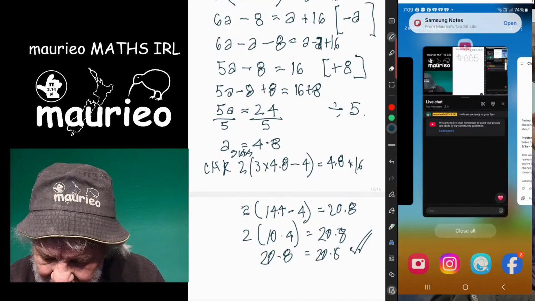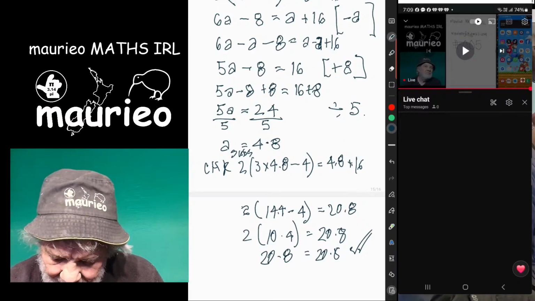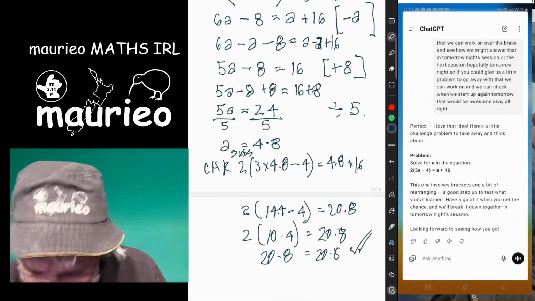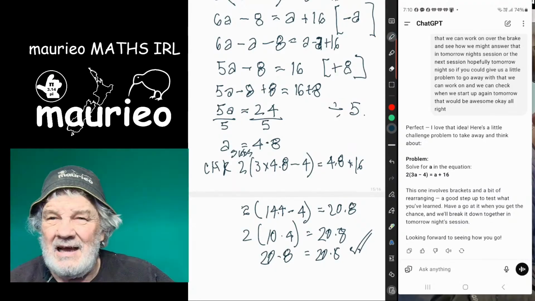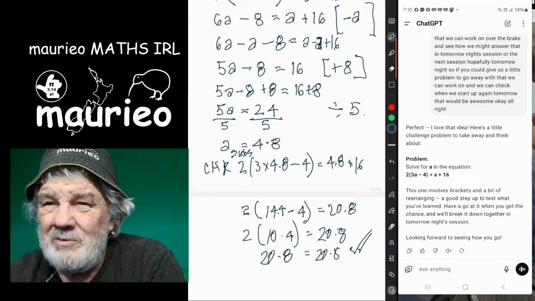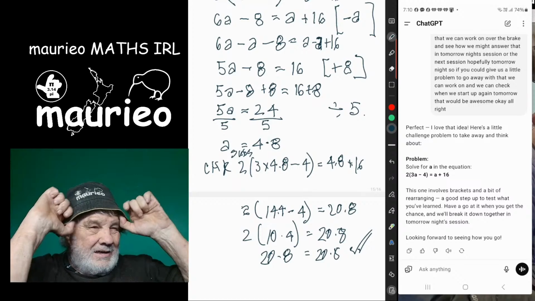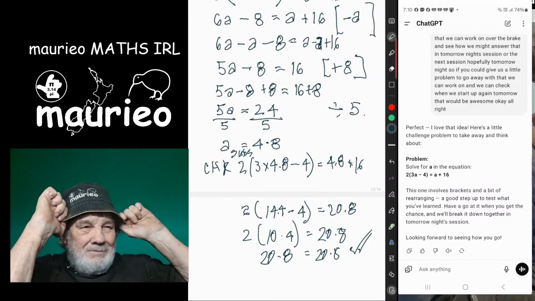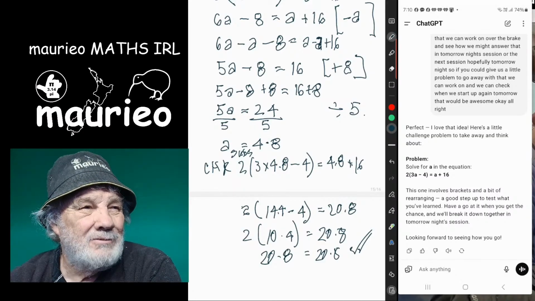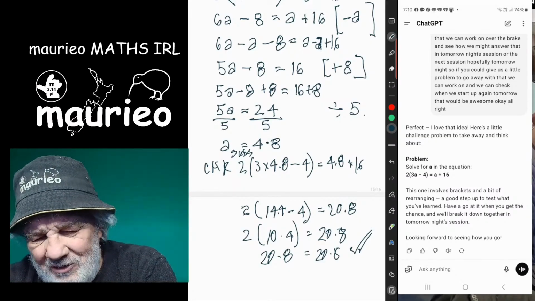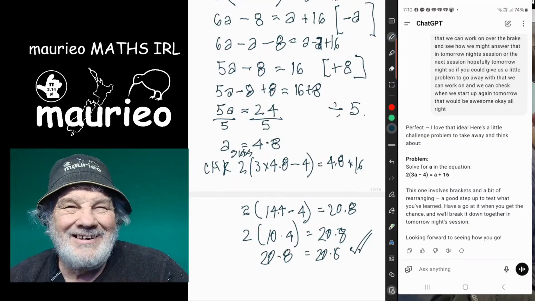Let's just have a look here, and yep, nobody's watching. So we've got that there. This one involves brackets and a bit of rearranging. Rearranging is a thing that commonly, when I talk to other tutors of mathematical subjects, my students don't know how to rearrange.